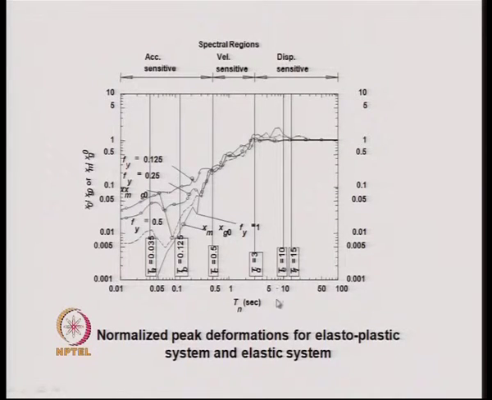For large values of t, we call it the displacement sensitive range; for low values of t, the acceleration sensitive range; and in between, the velocity sensitive range. These definitions and their meaning were discussed when we discussed the tripartite plot for the response spectrum.